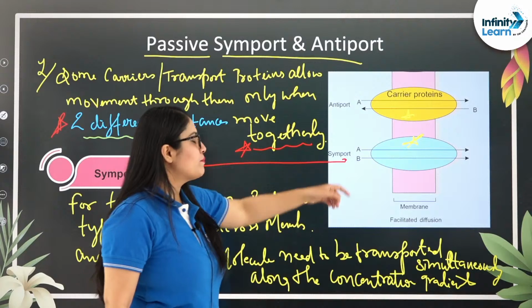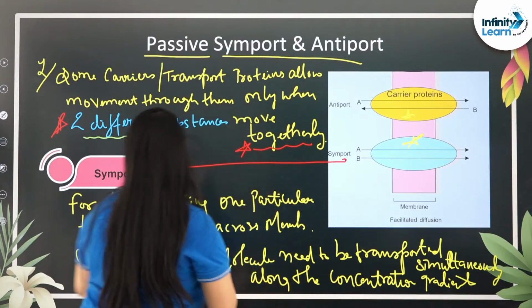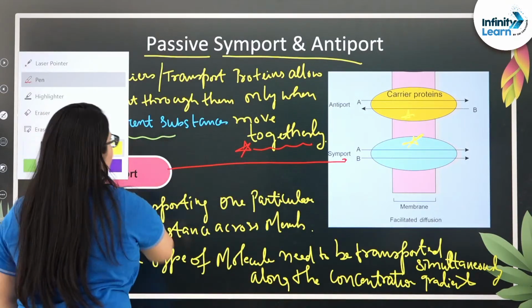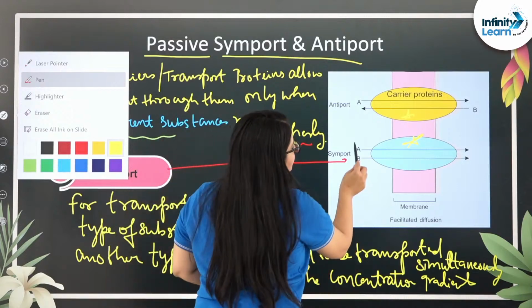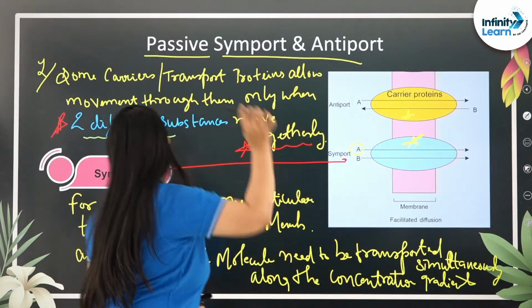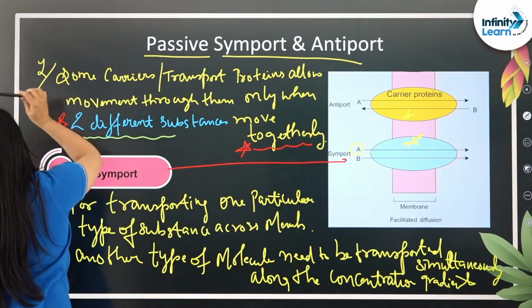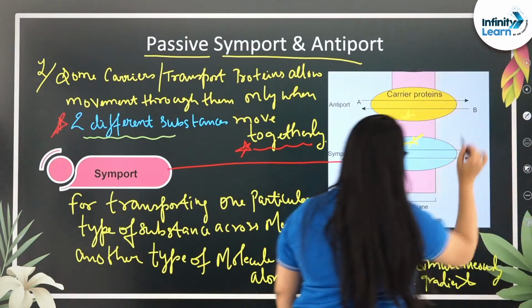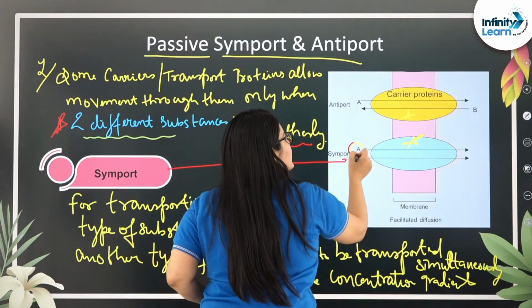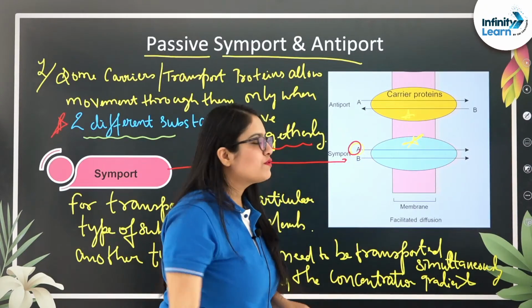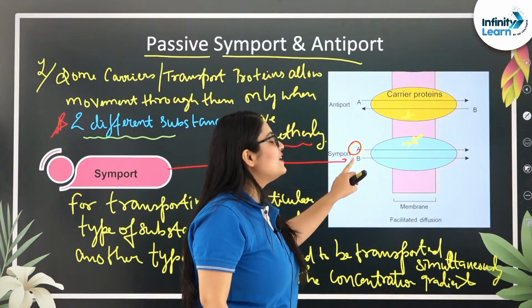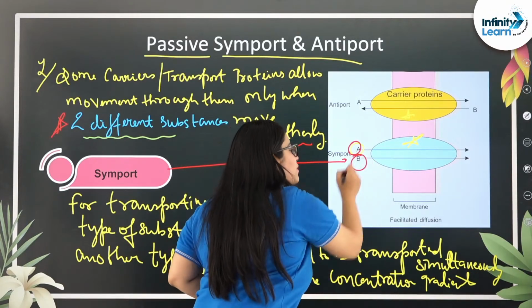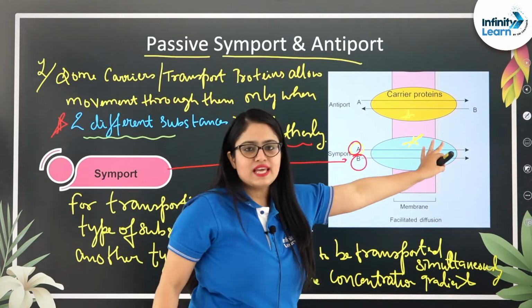This is an example of symport, and please notice here my kids, in order to transport this A type of substance, there has to be transport of this B type of substance also along the same direction.